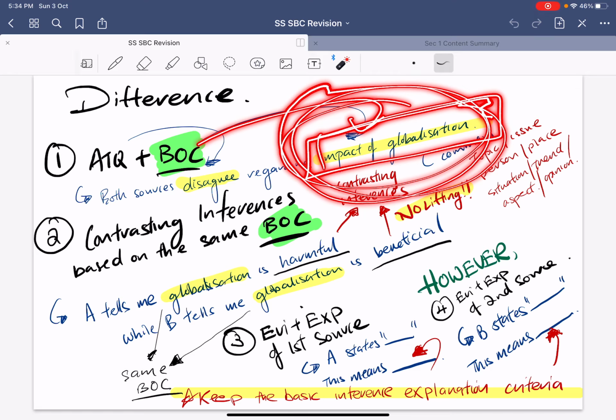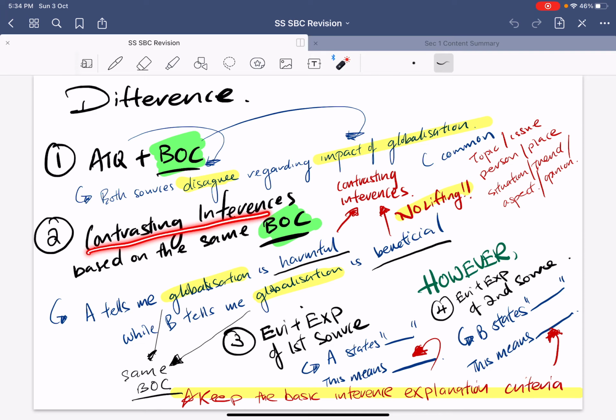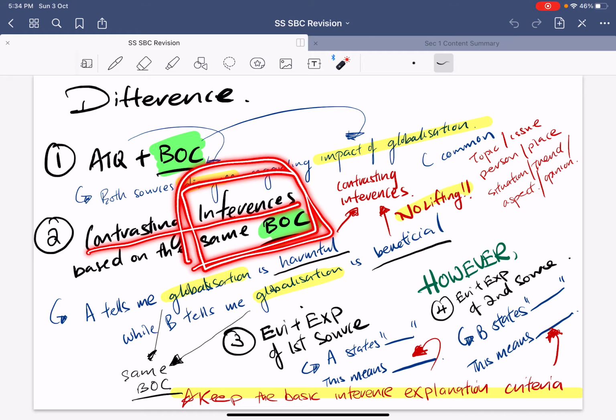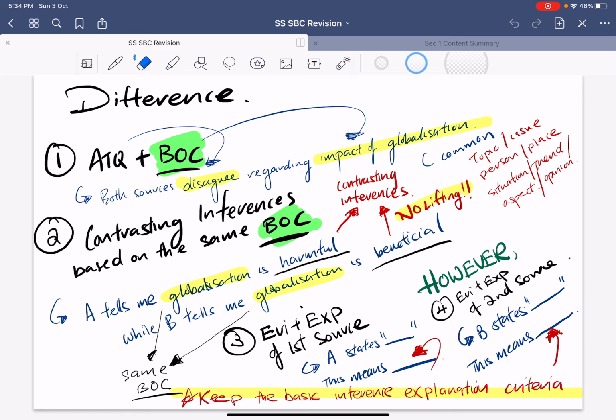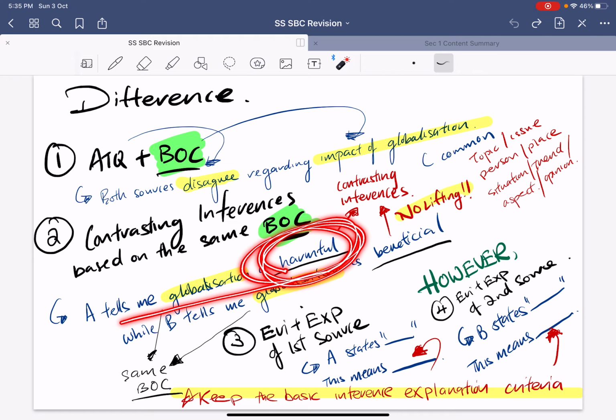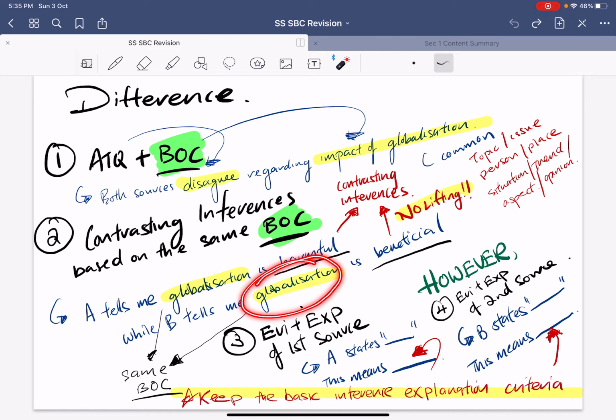Your second line, then, you will write down the contrasting inferences based on the same BOC. So if your BOC is the impact of globalization, I'll go on to my inferences in my next two lines. A tells me globalization is harmful. Harmful is indeed my inference. And then B tells me, talking about the same topic, globalization is beneficial.